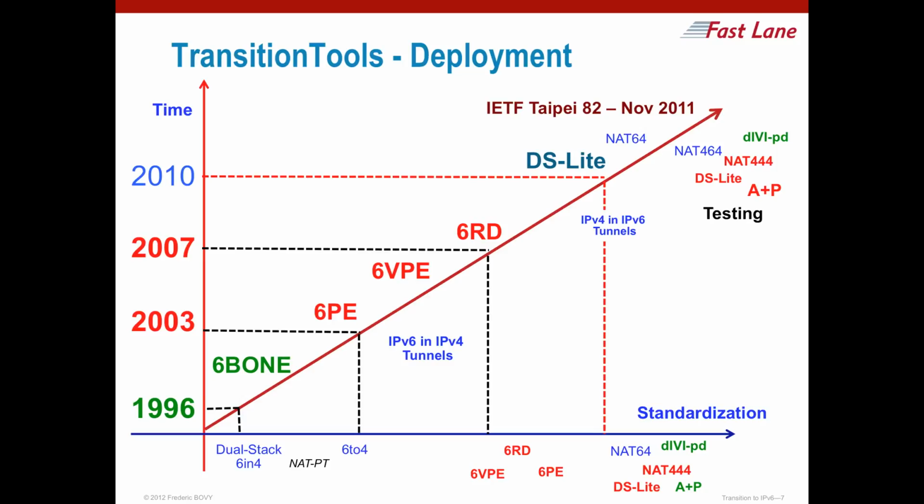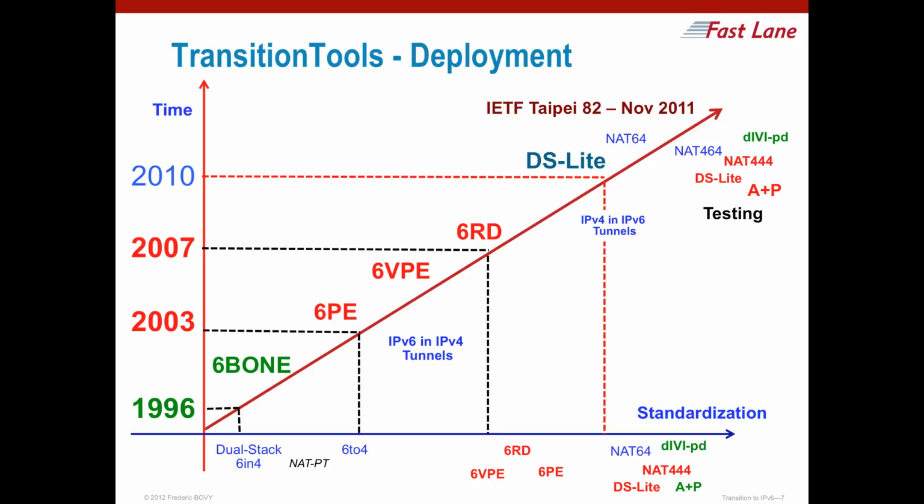6RD is the solution for the IPv4 backbone, but without MPLS, to provide IPv6 service to customers. Other solutions that we see now are for the service providers who have completed the previous step and are now running an IPv6 core.